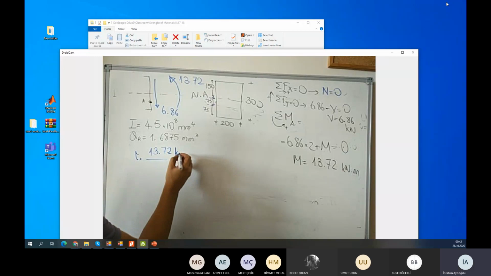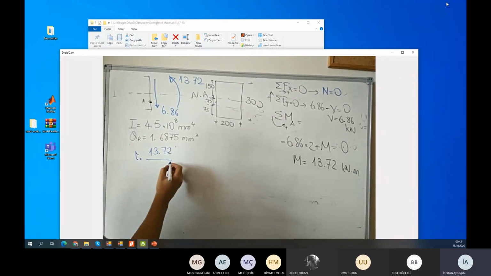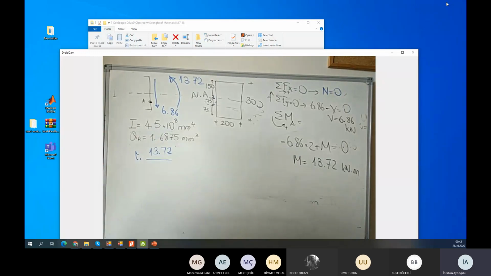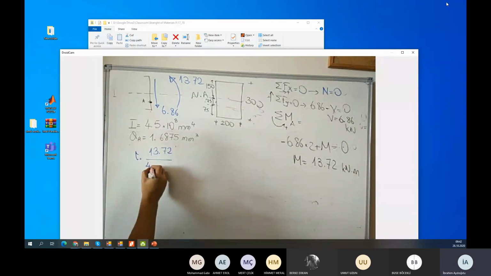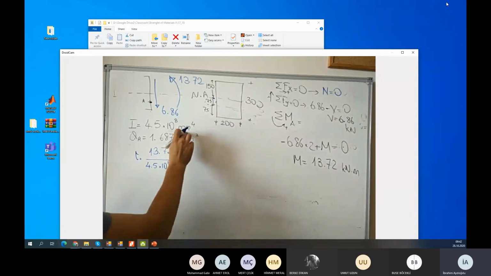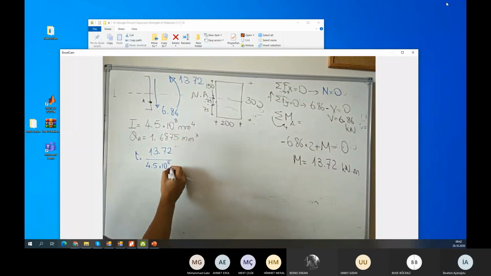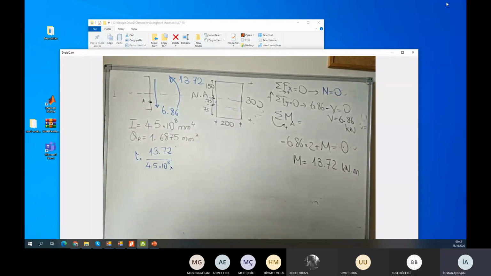So I write 13.72 kilonewton meter, so I don't need any unit conversion. Divided by 4.5 times 10 to the power 8 millimeters to the fourth. I need to convert to meters. Which term do I need to multiply? Which value?